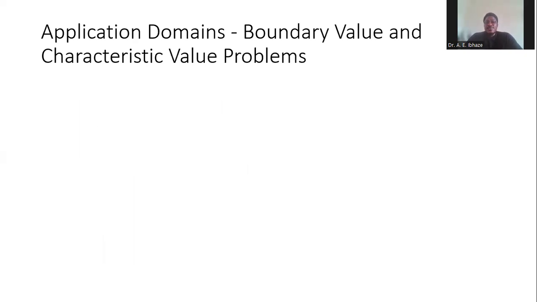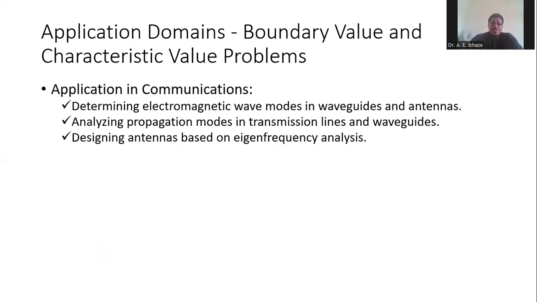And the boundary value and characteristic value problems find applications in communication engineering for determining electromagnetic wave modes in waveguides and antennas, and also for analyzing propagation modes in transmission lines and waveguides. Then we also have an application here, which is the design of antennas based on the eigenfunction or eigenfrequency analysis.